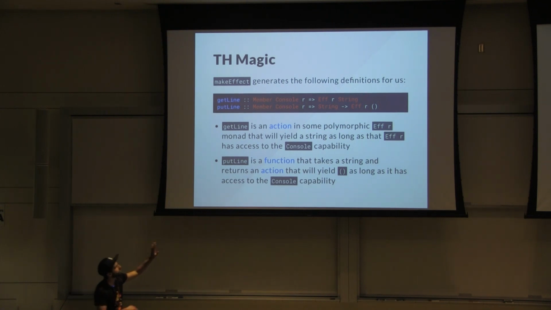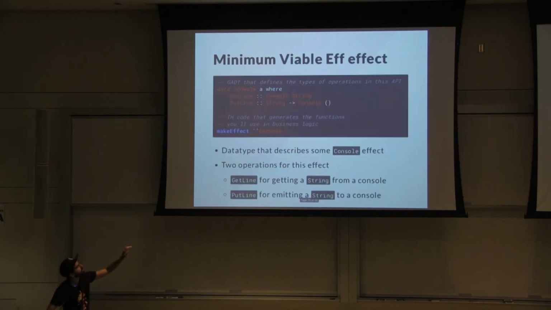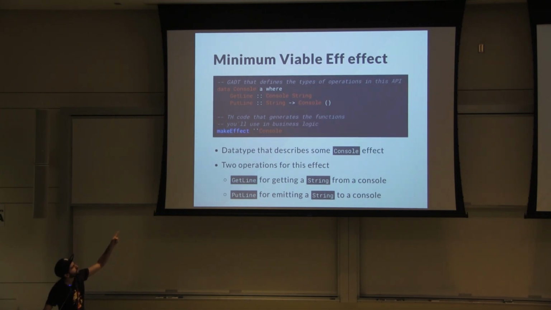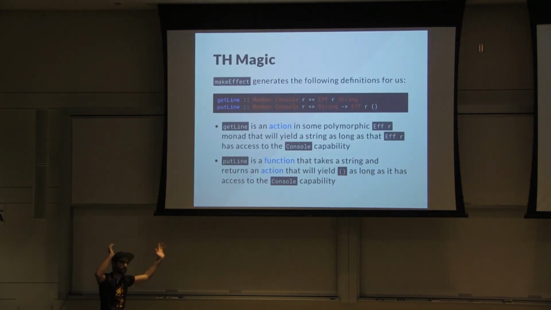All this does is take this data structure that we defined on this slide and inject it into this Eff machinery, which I'm not really going to talk about how it works under the hood. Just that it is a monad that is capable of jamming a bunch of effects together in no particular order, such that you can grab capabilities at will and then have the interpretations decide what specific effects are going to be there.